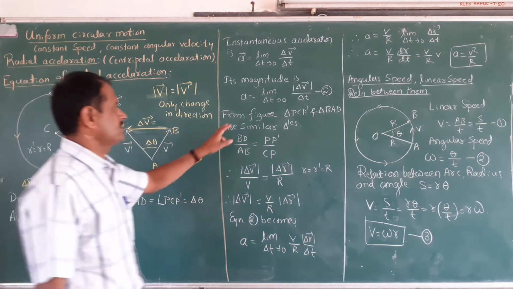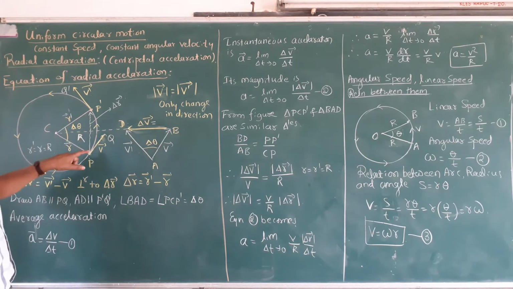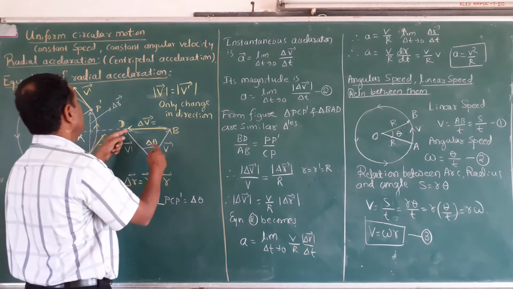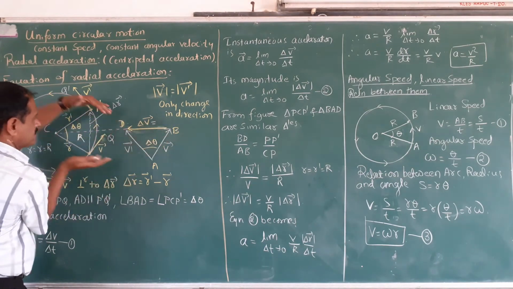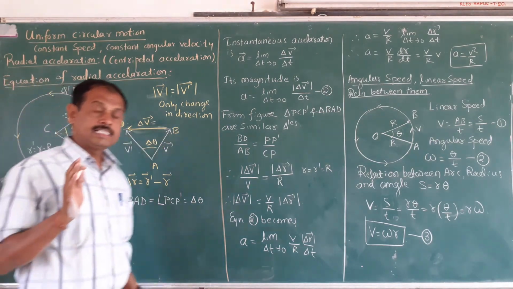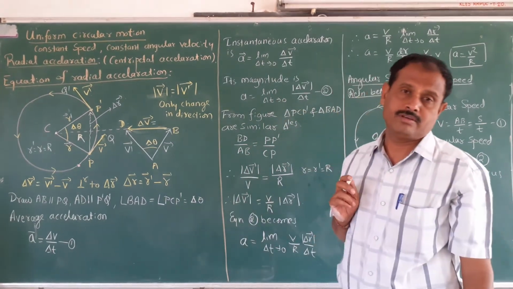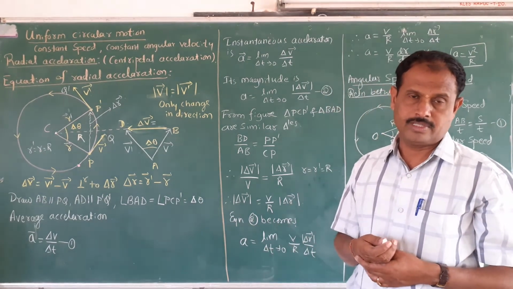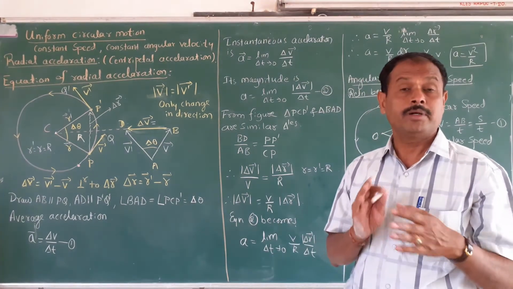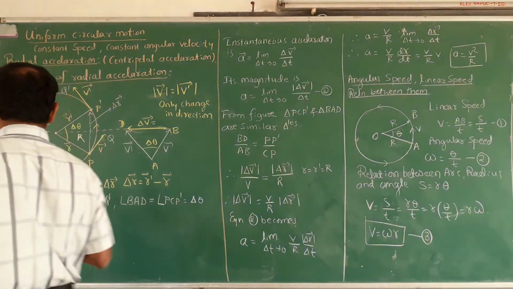Now you come to the point. From the figure, take the two triangles P C P dash and B A D. These two are similar triangles. They are not equal triangles, but they are similar. In similar triangles, the ratio of the corresponding sides is equal.